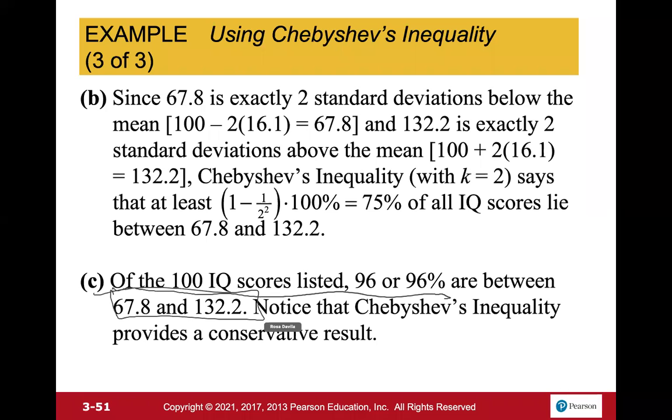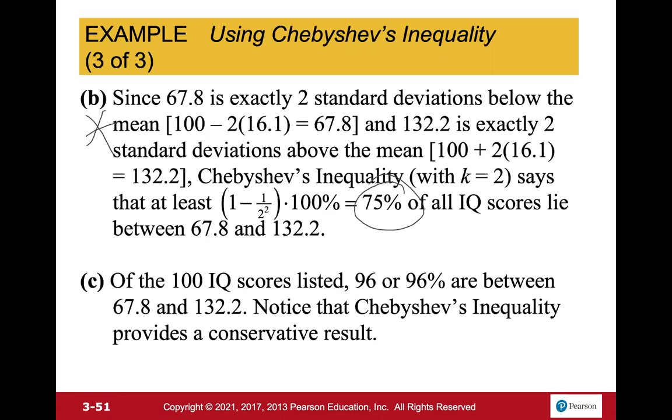And what they're making a note of here is that Chebyshev's, because we look at this problem right here, says that only 75% of the data will fall between those two. Chebyshev's inequality is using a conservative result. So they're really, really lowballing it. They're not looking at the actual data.